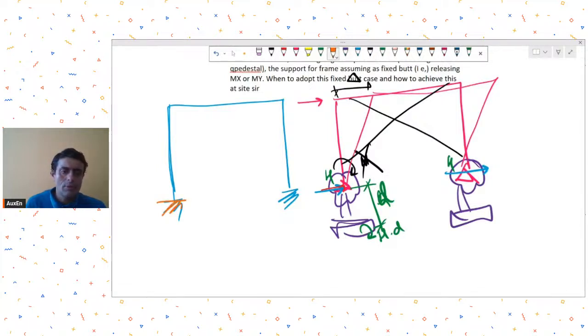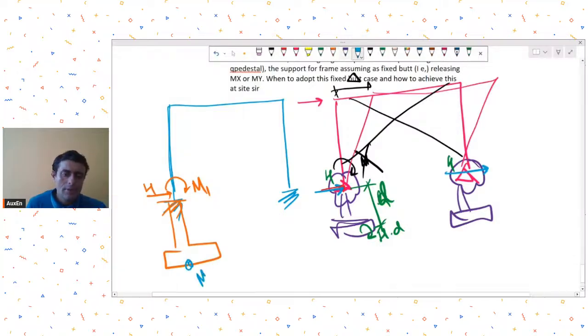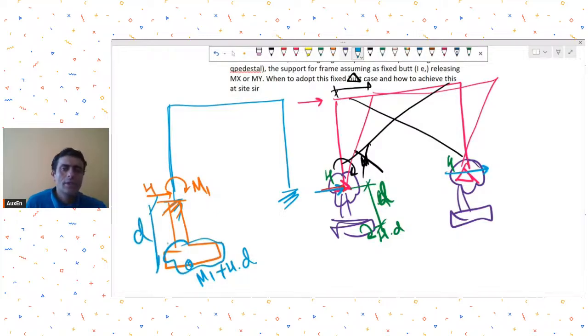If you provide fixed supports, what happens for footings? Then there is an end moment and there is a horizontal reaction. So at the base you get large moments, due to which the footing size requirement may be large.